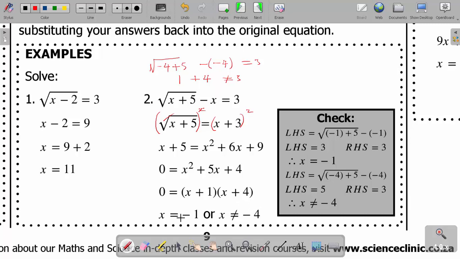The answer is negative 1. Let's check it out with negative 1. We have the square root, now negative 1 plus 5 is positive 4. Square root of 4 is 2.